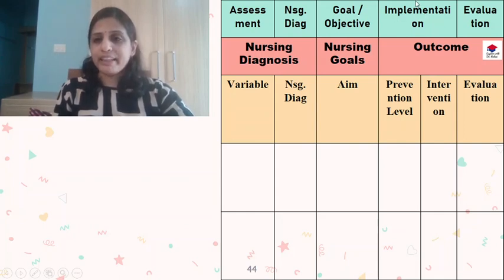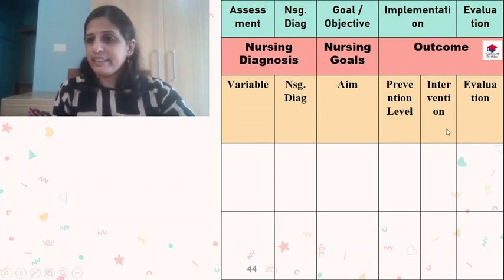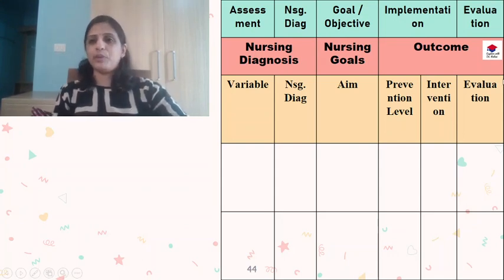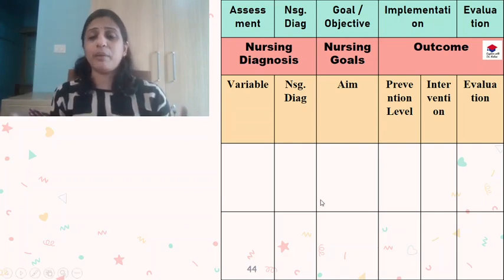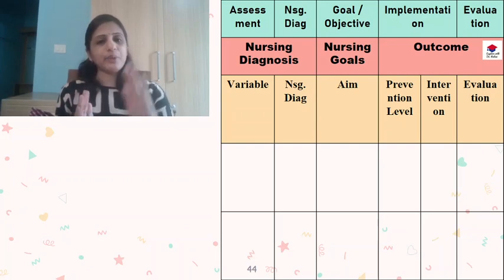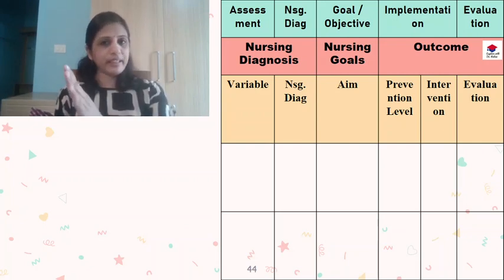So implementation is actually the prevention level and the intervention. Evaluation is evaluation. I hope it is clear. If this part is clear to you, it is very easy to apply Betty Neuman's theory. So once more, I'll tell you the 3-step nursing process of Betty Neuman.